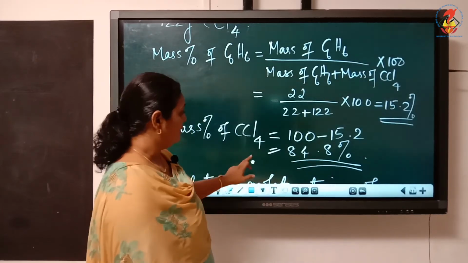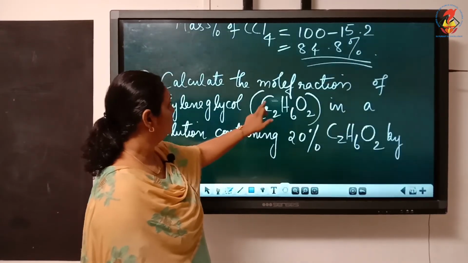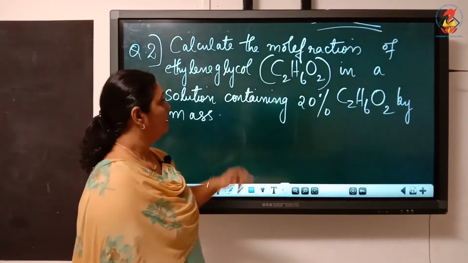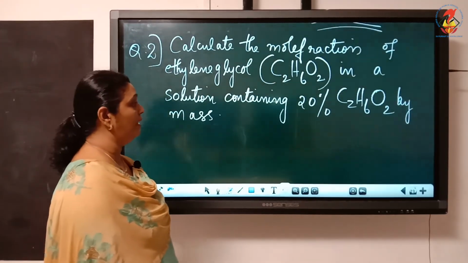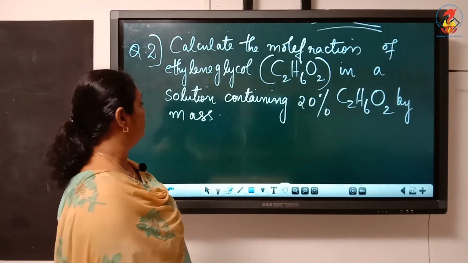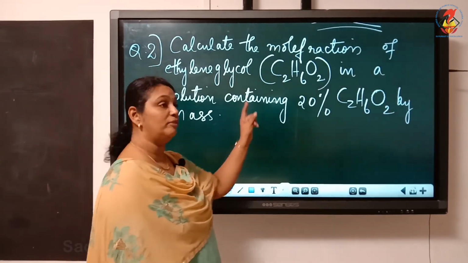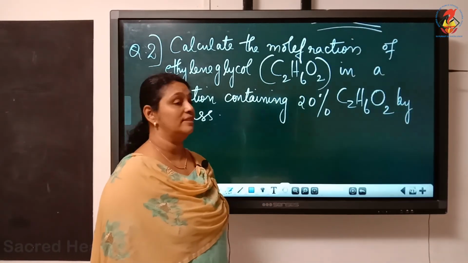Now, the next question is, calculate the mole fraction of ethylene glycol in a solution containing 20% ethylene glycol by mass, and the molecular formula of ethylene glycol is C2H6O2.